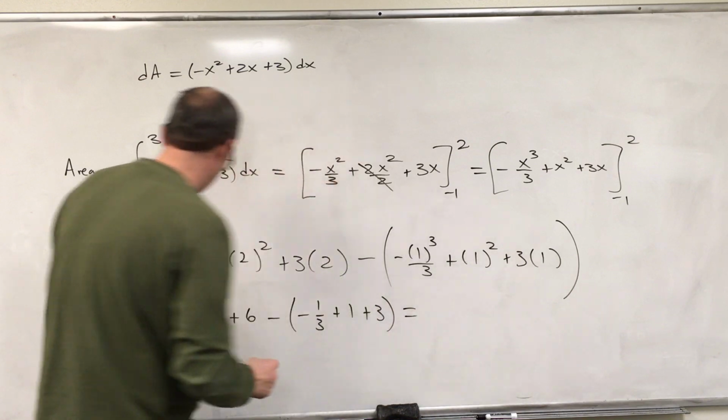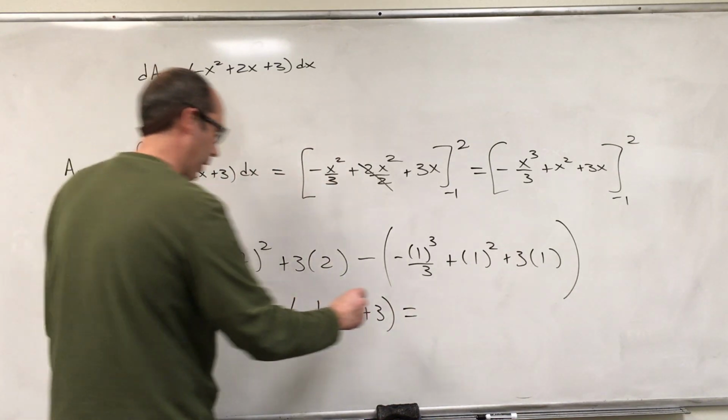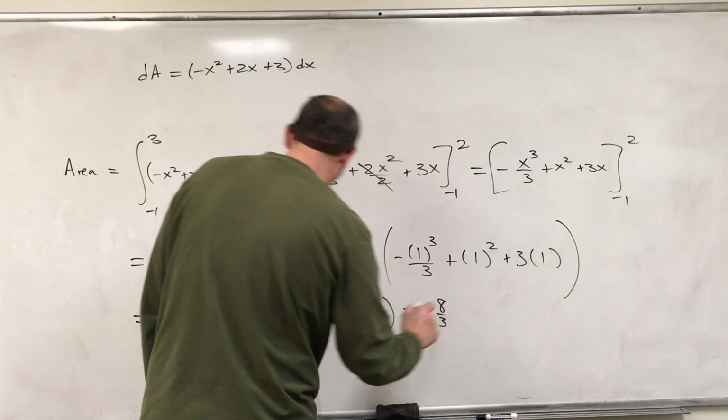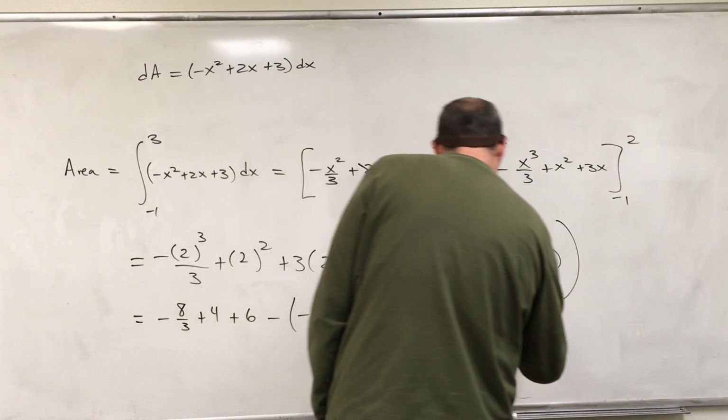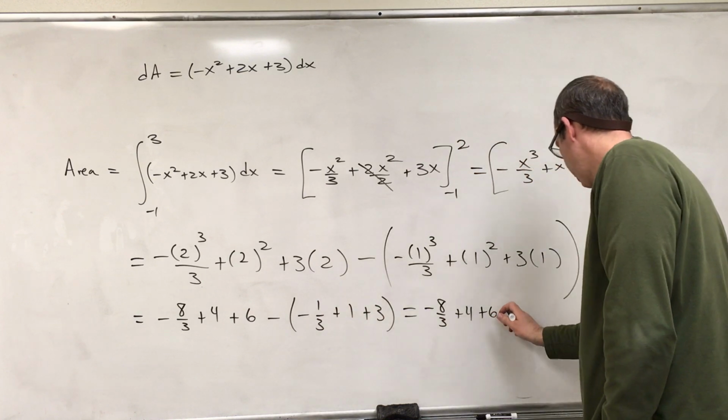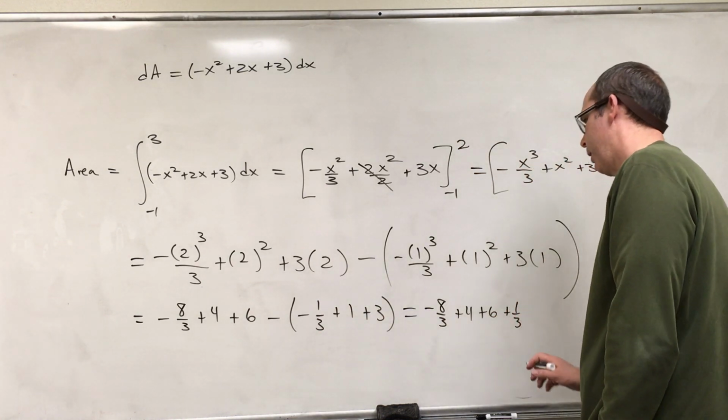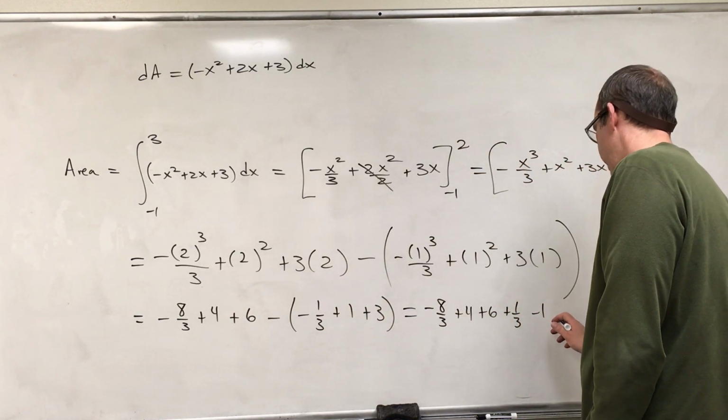Distribute that negative through. We've got a negative 8/3 plus 4 plus 6. Distributing that negative through, plus 1/3 minus 1 minus 3.